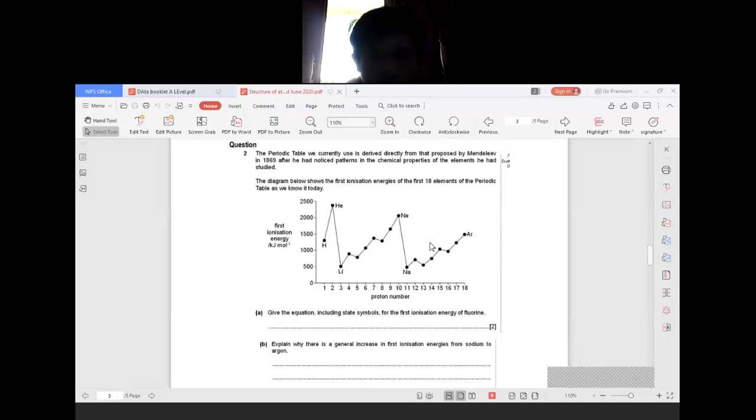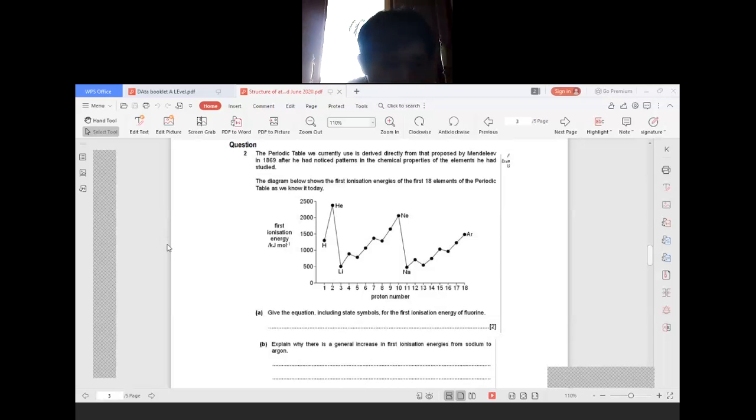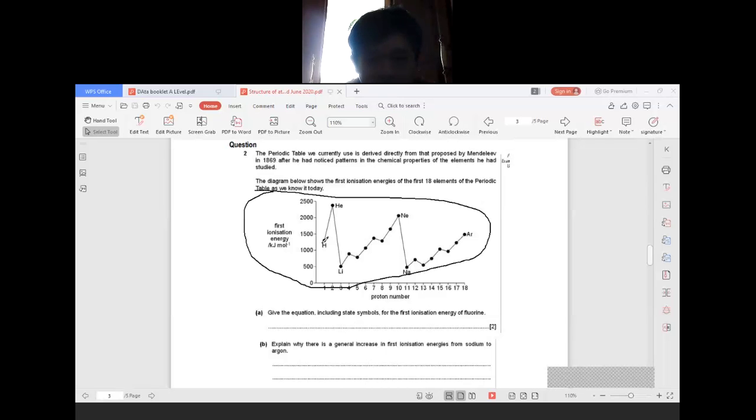Okay, before we give the equation, please look at these elements. These elements consist of three periods.